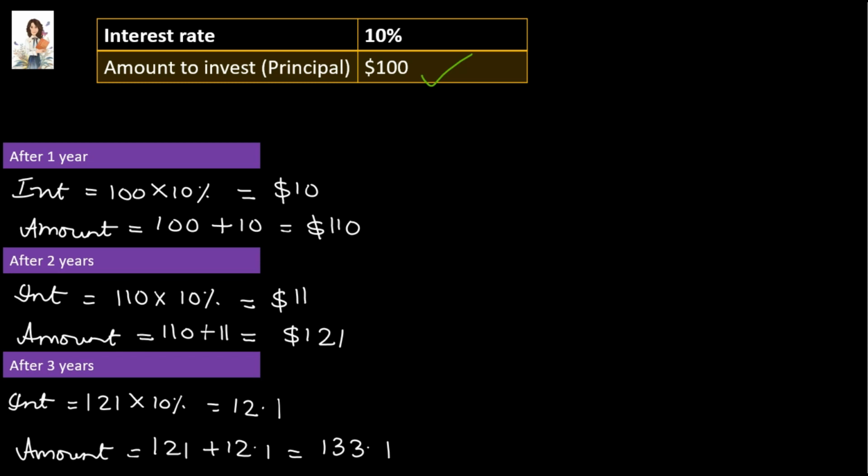I started with $100 and I invested it. At the end of year 1, I had $110. At the end of year 2, I had $121. And at the end of year 3, I had $133.1. Therefore, I can say if interest rate is 10%, $100 today will become $110 after 1 year.